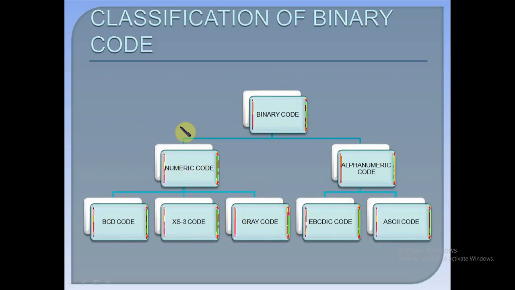I think all of you have cleared that concept. Weighted codes, non-weighted codes: here is the weighted code, and these are non-weighted codes, and characters, symbols and all those things come under ASCII and EBCDIC code. It is very useful for code conversion as well as for applications and projects. Okay, we'll stop here and see numeric code conversion in detail.